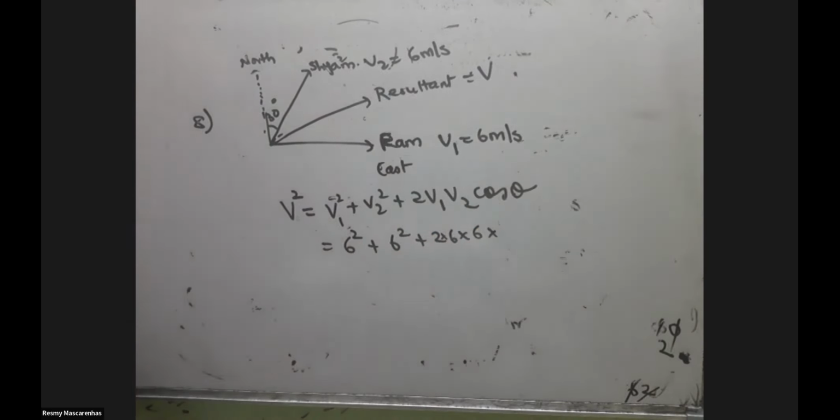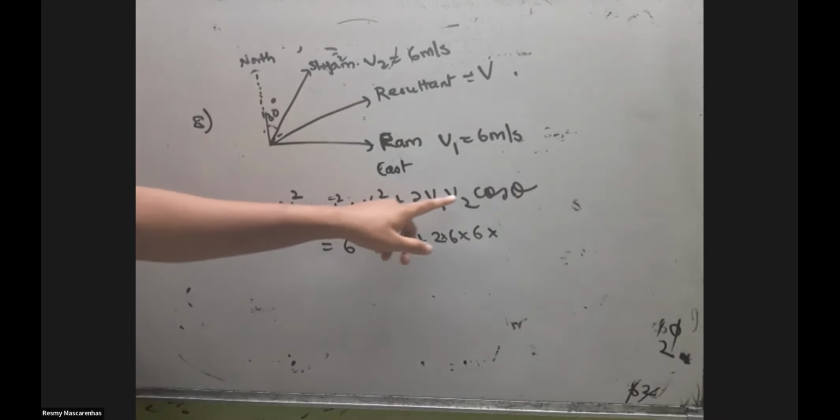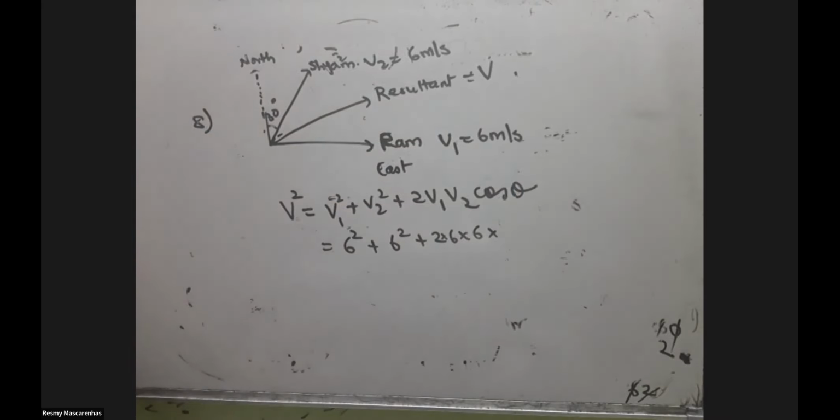Here we have to be careful. Now theta, if you take 30 degrees, it will go wrong. Whenever we refer to theta, that is always the angle between V1 and V2. The angle between V1 and V2 is not 30. So how much will it be?